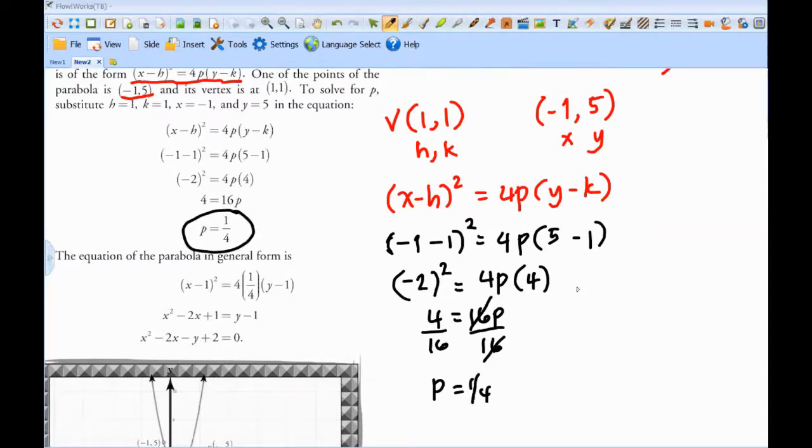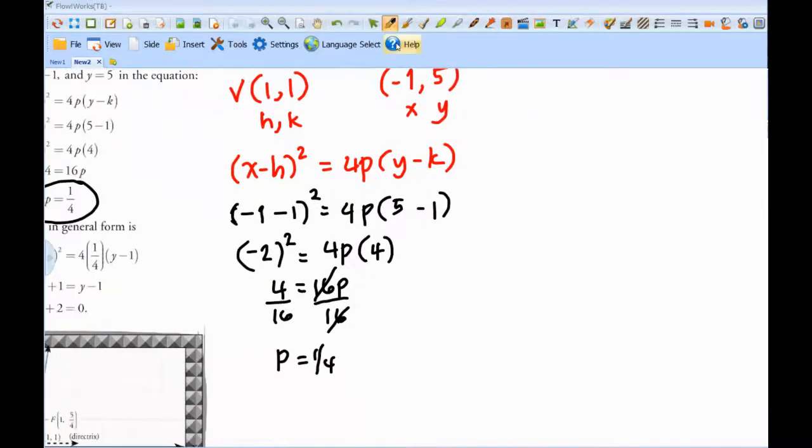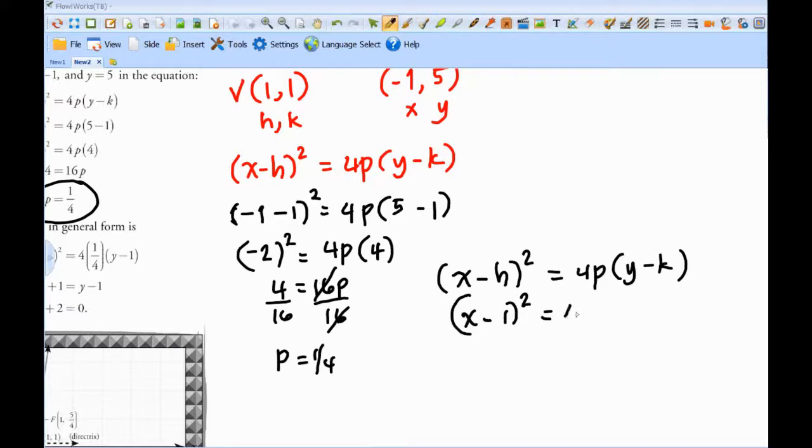So therefore, our general form is x minus h squared equals 4p times y minus k. So x minus h, the h value is 1, 4 times p is 1/4, y minus k, which is 1. So therefore, we will expand this. X squared minus 2x plus 1 equals, cancel the 4, y minus 1.